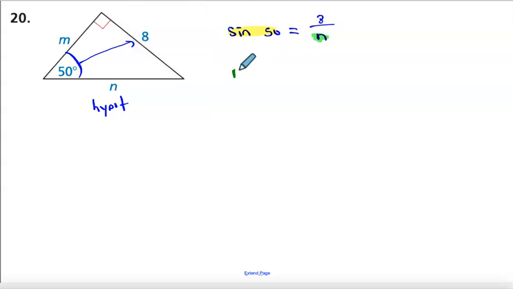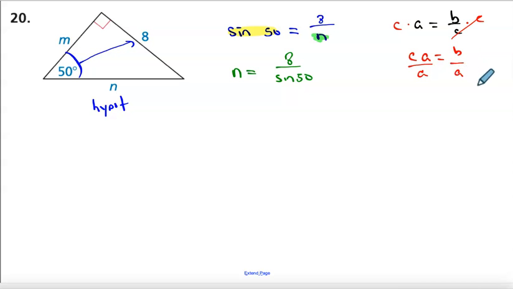So pretty much I could write this as n equals 8 over sine of 50, and a little algebra here on the side. If you have a equals b over c, I could clear my fraction, multiply both sides by c. This will give me ca equals b. Then divide both sides by a, and c equals b over a.